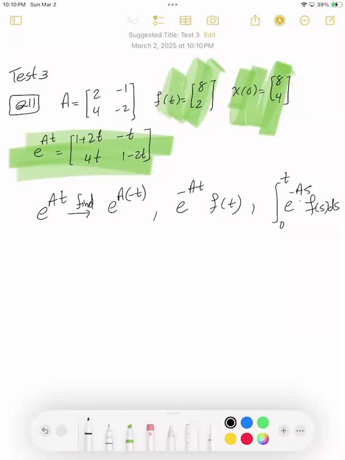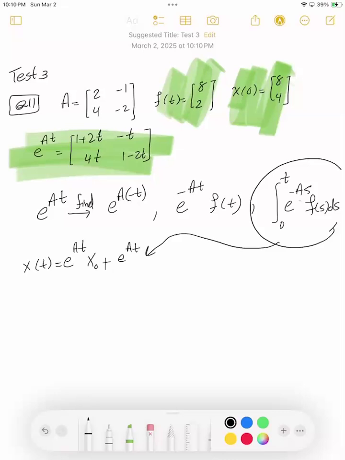Once we are done with that, to find x of t, we multiply e^(At) by x sub 0, then multiply e^(At) by the result of the integral. And that is going to be our solution. So these are the steps we have to take.